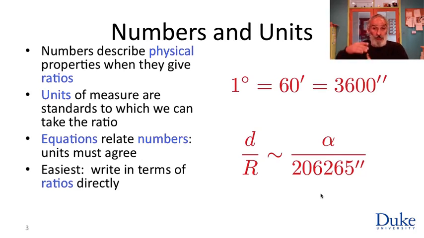The ratio of those two angles is a number, and so our equations are now relating numbers. And whenever you can write your equations completely in terms of ratios, you will find that you will not have issues with unit conversions, and you will spend some of the time in this class converting the units on various calculations and making sure you're measuring everything in the right units. So consider this to have been your warning about this.